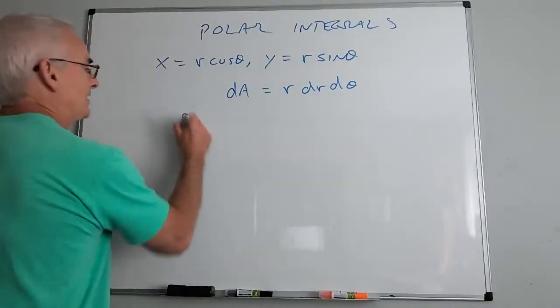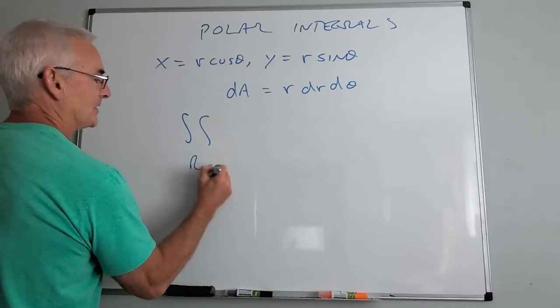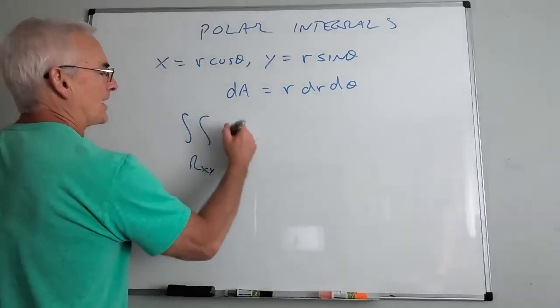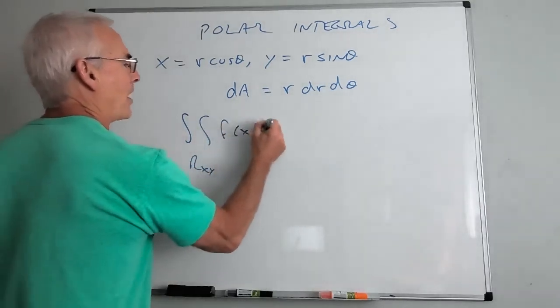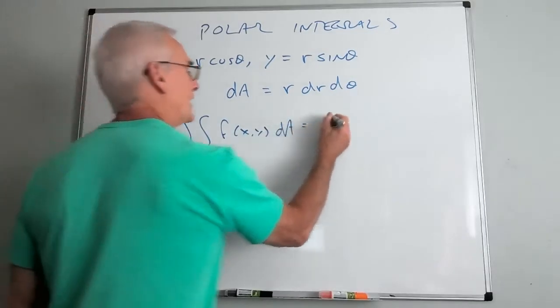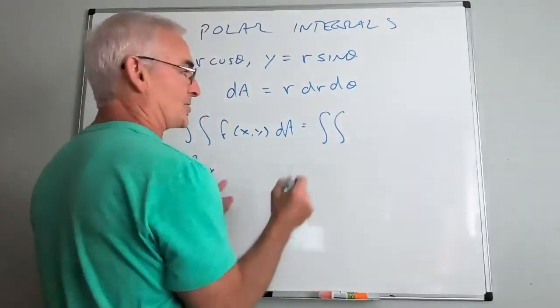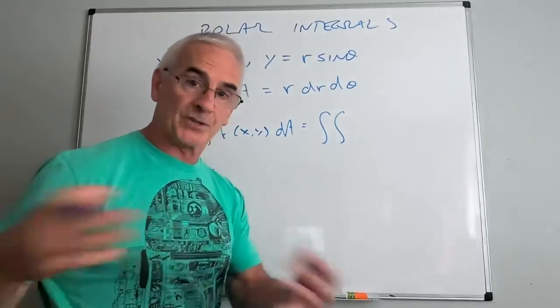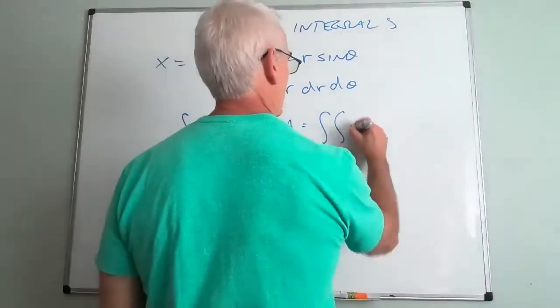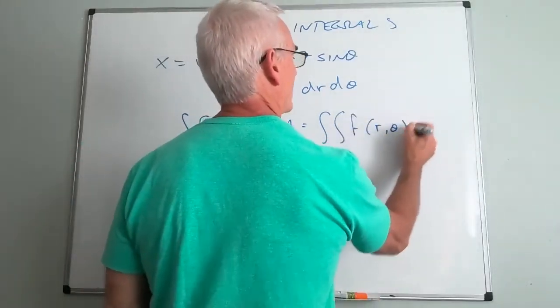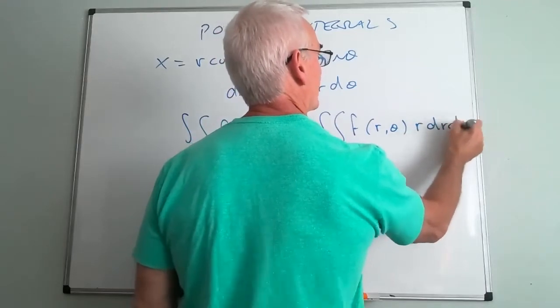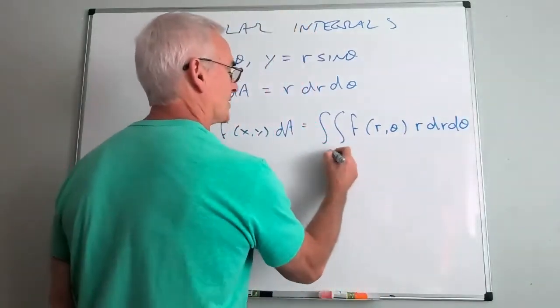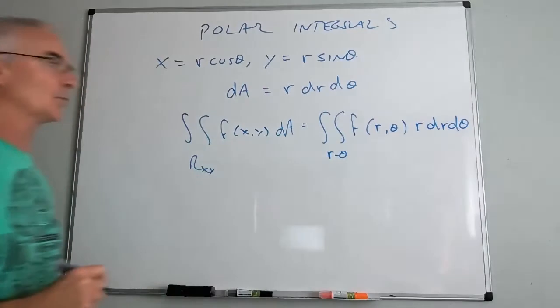So when we have the double integral over the region in the xy plane of f of xy dA, it's the same region, but we redescribe it with r and theta, the r theta region.